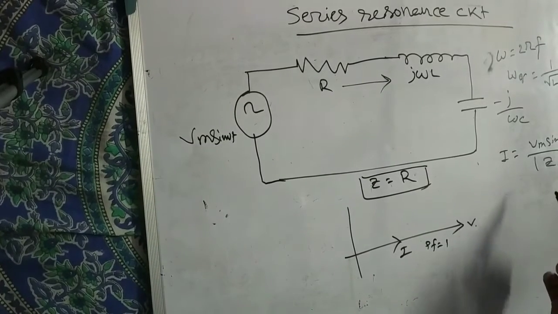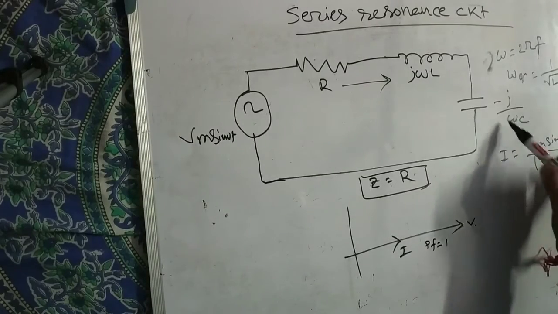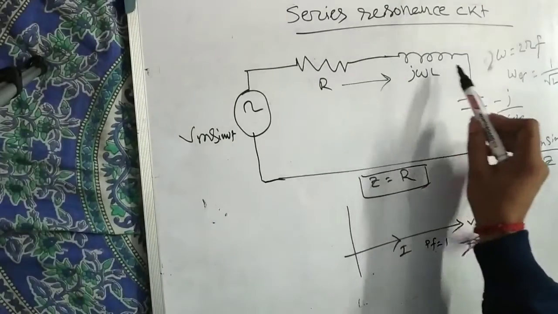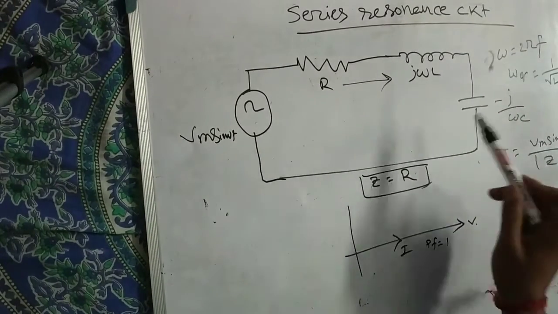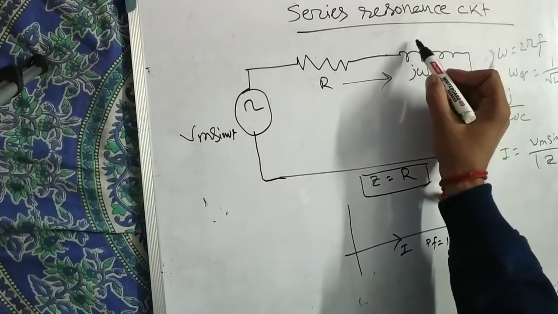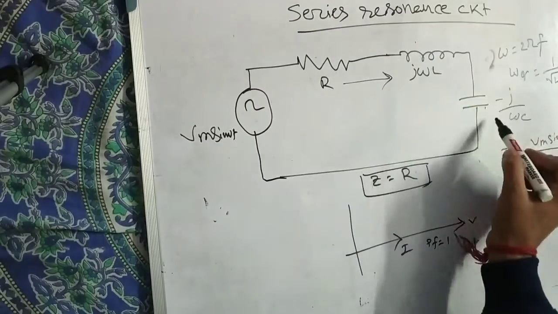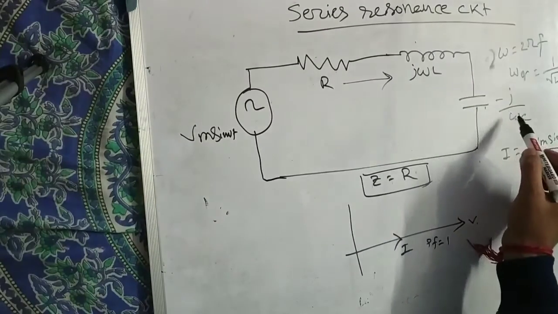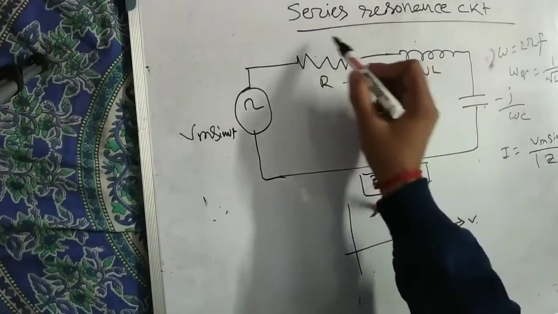Now also at the resonance condition, the impedance of the circuit will be least and the current will be maximum, because this value and this value are cancelled. All are in series, so this value and this value are cancelled. Omega L and omega C are the same, so we are getting only the resistive value.